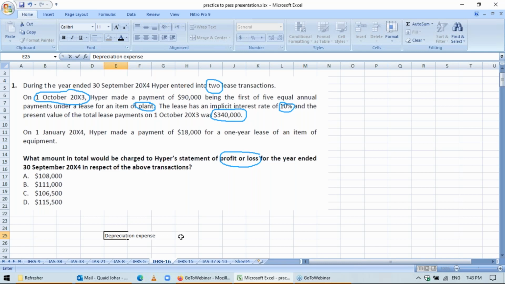The depreciation expense will be recognized over 5 years. They haven't told you anything about useful life or the title transfer, so simply you have to charge depreciation over the lease term.